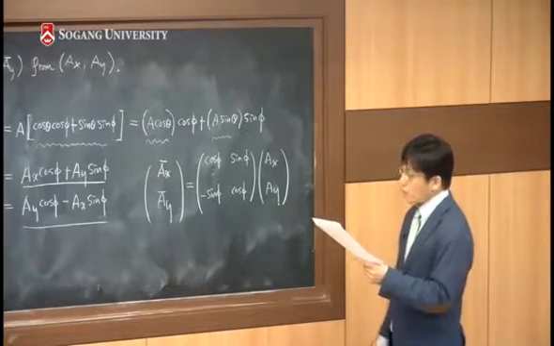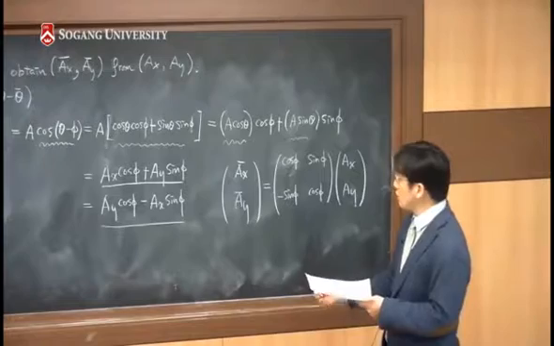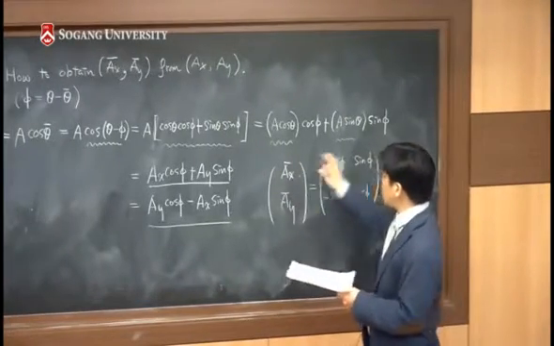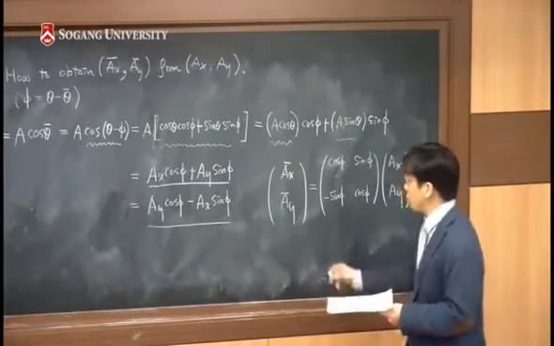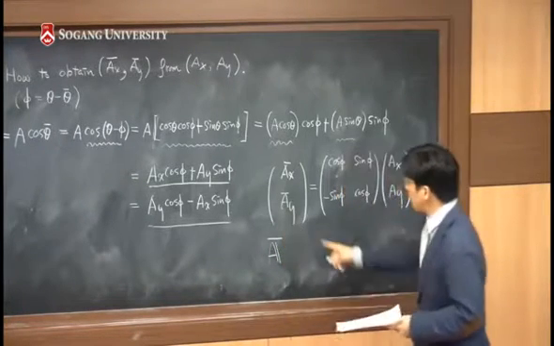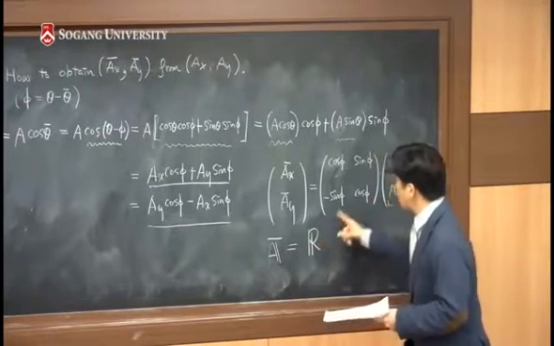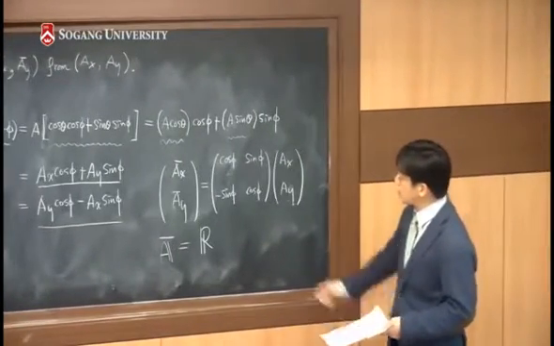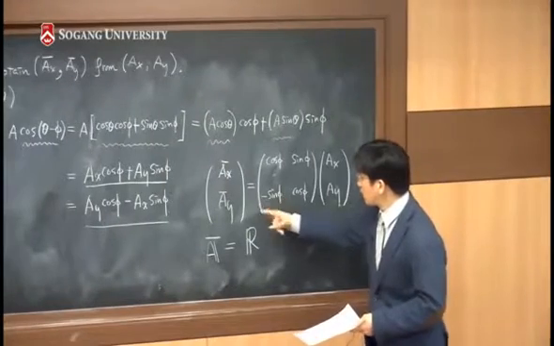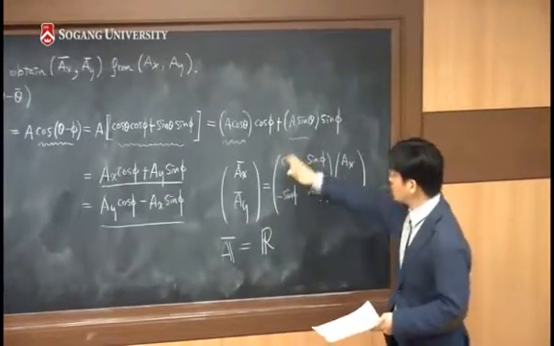Okay? This is a simplified transformation rule: if we symbolically write this matrix transformation rule, this a bar vector can be written together with this transformation matrix. We call this big object R, and this one a vector. So this is a vector, and this is a matrix.